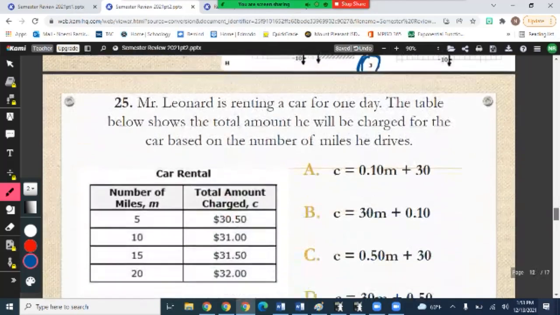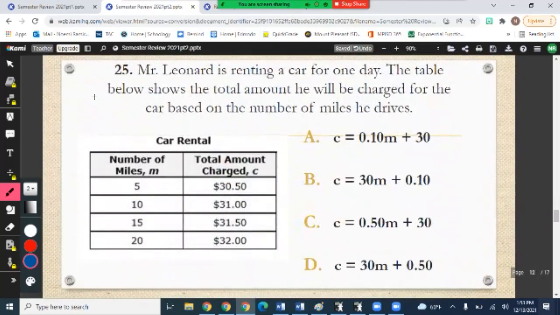25. You needed to find the equation from this table. Now, according to the table, do you see the y-intercept? No, you do not see the y-intercept. So what am I going to have to use to find the equation? It is a table. What can I use?